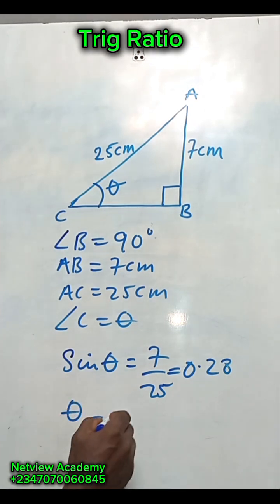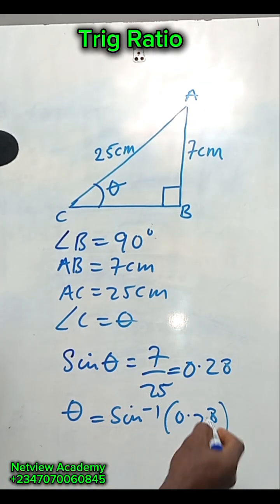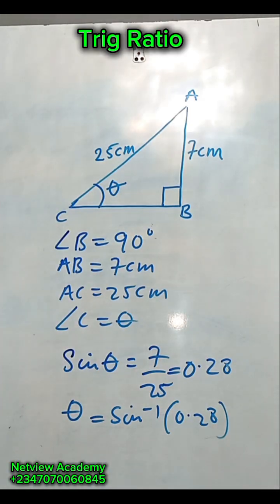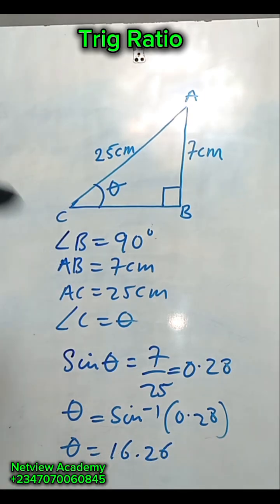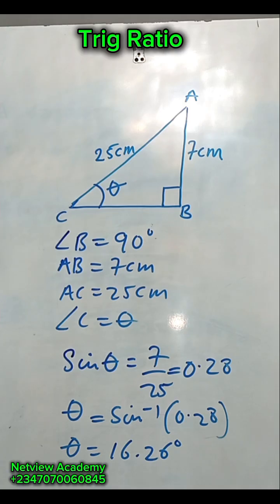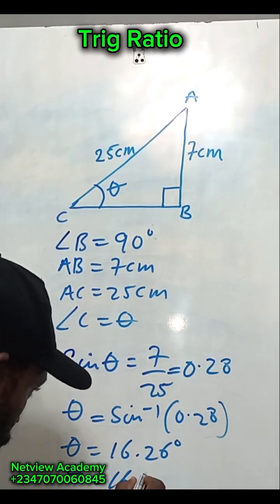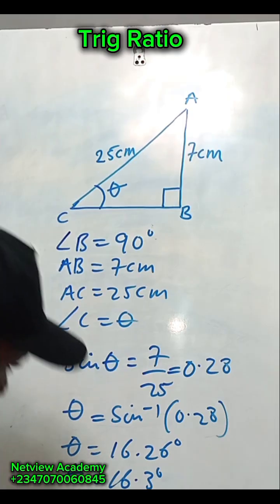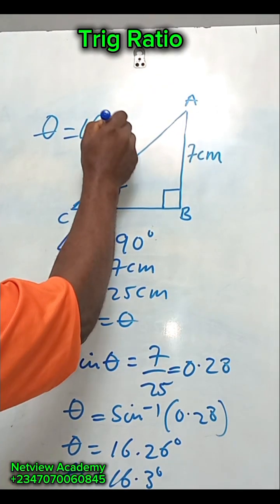Theta is equal to arc sine 0.28. The value of arc sine 0.28 is approximately 16.26. The question says our answer should be in one decimal place. Therefore, theta is equal to 16.3 degrees.